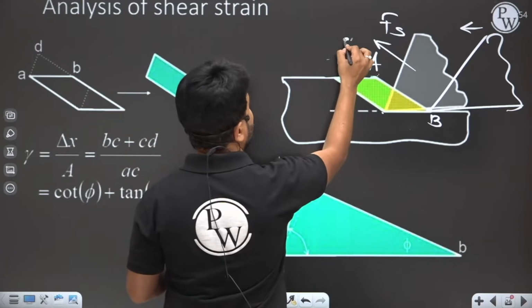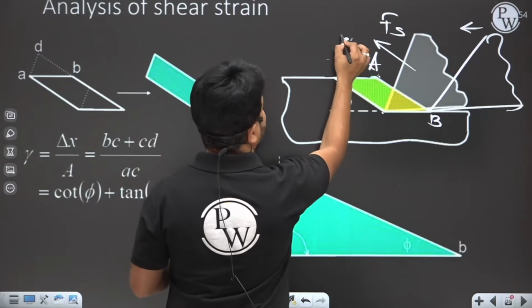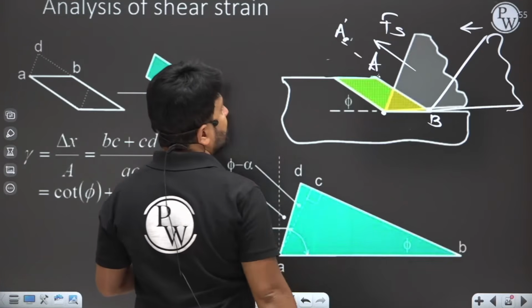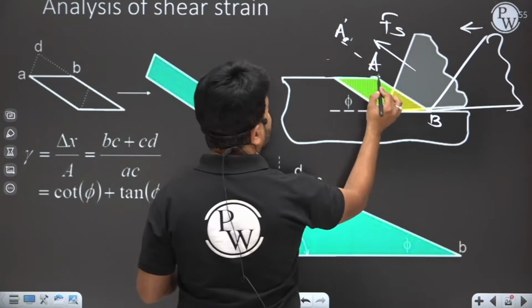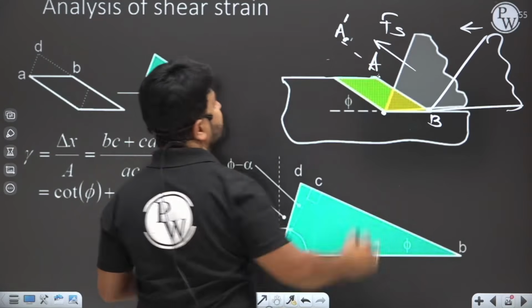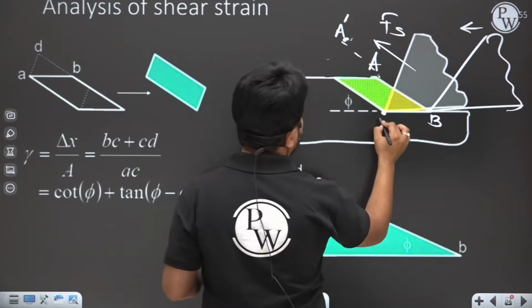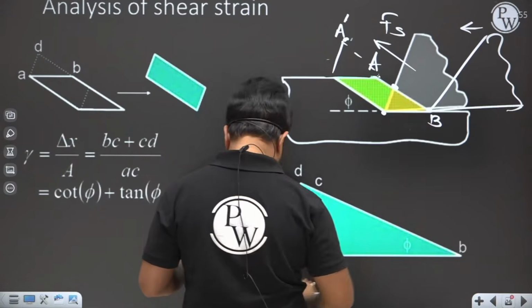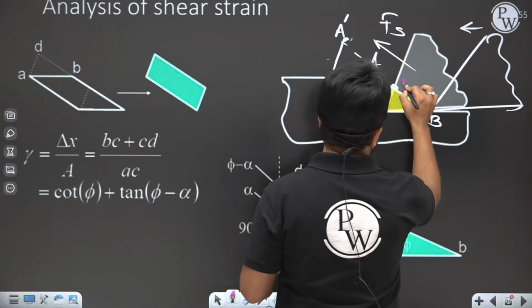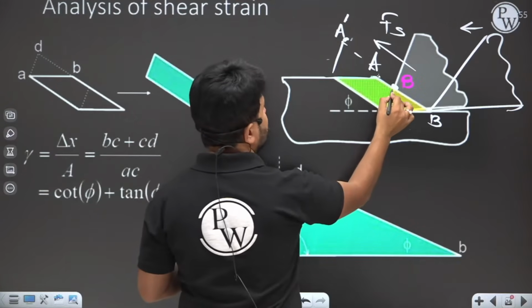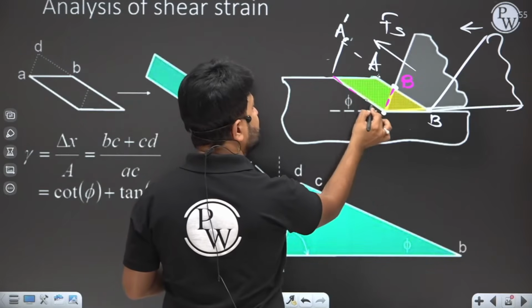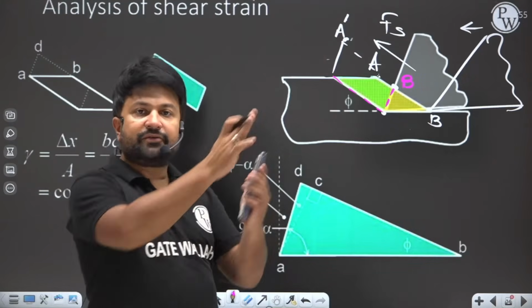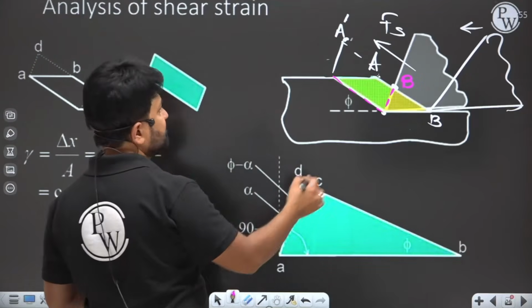That A will become A dash when the tool comes from here to here, and that B will come from here to here. So the system will look like this. So A dash or B dash is the lateral displacement.